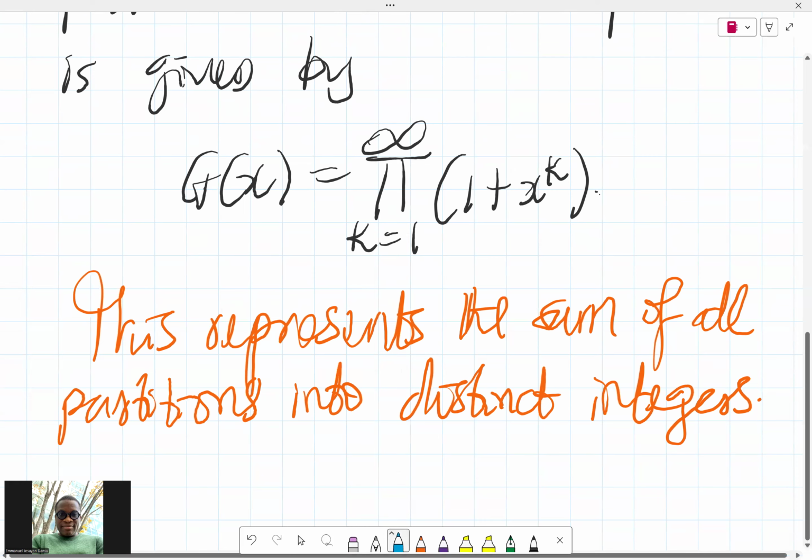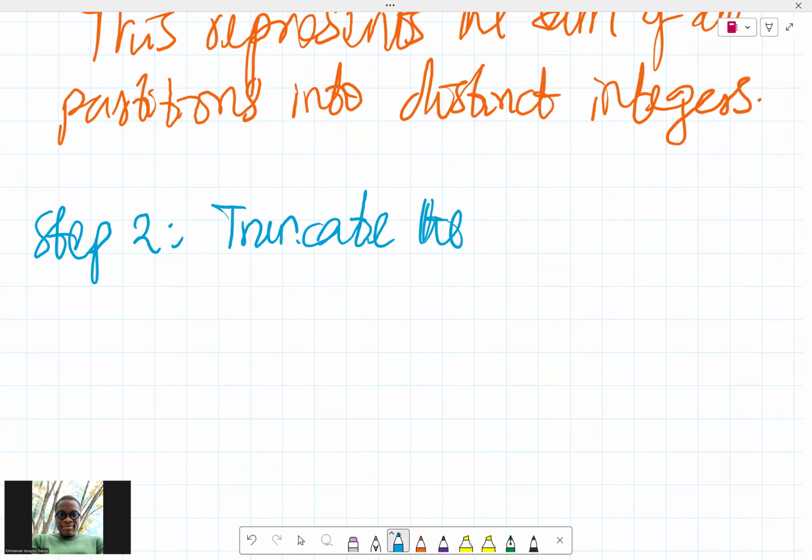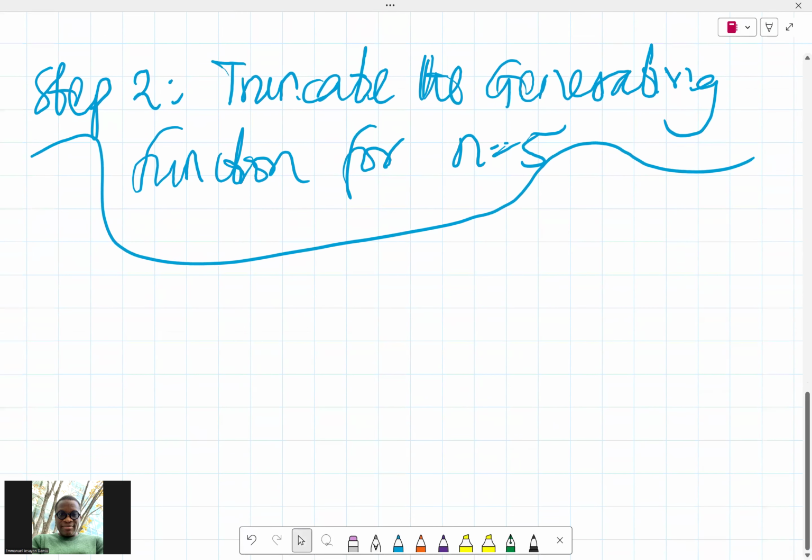Now, the second step, step two, we truncate the generating function for n equals 5. That's the second step we take in this situation.